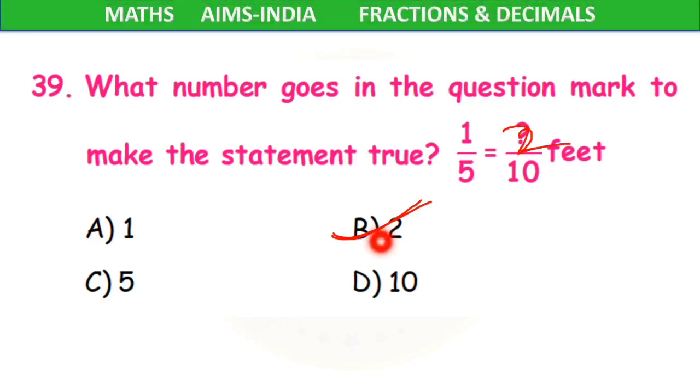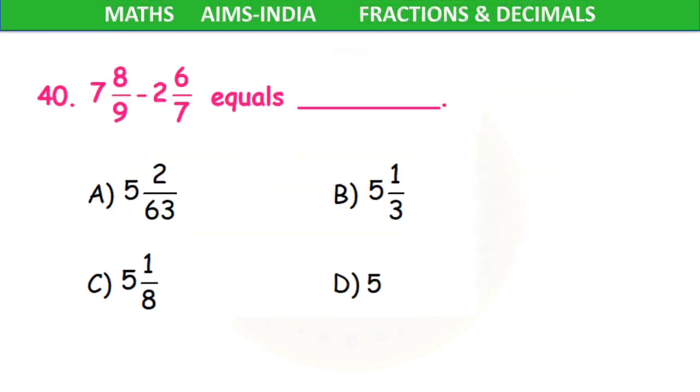It is nothing but the equivalent fraction of our 1 by 5. Next, question 40. 7 8 by 9 minus 2 6 by 7 equals. What are the numbers here? 7 8 by 9 minus 2 6 by 7. We got a similar question in yesterday's class as well. What did we do there? We first converted this into improper fractions and then found the difference.